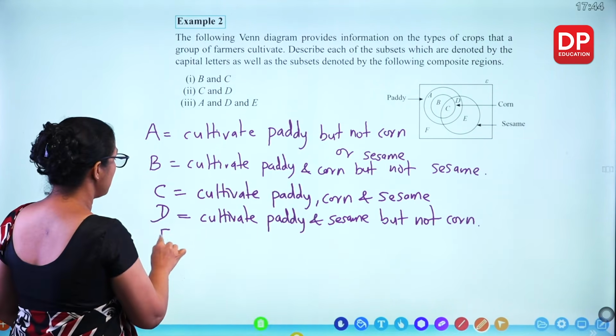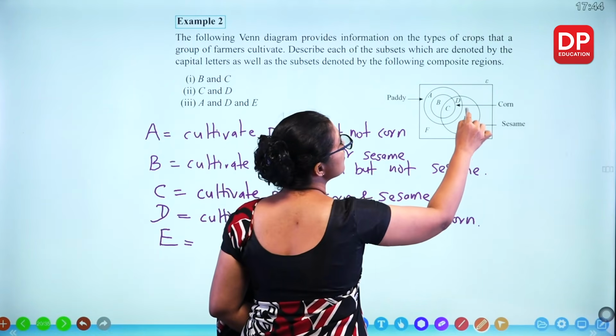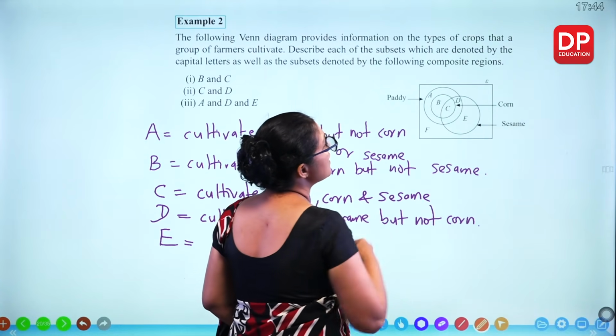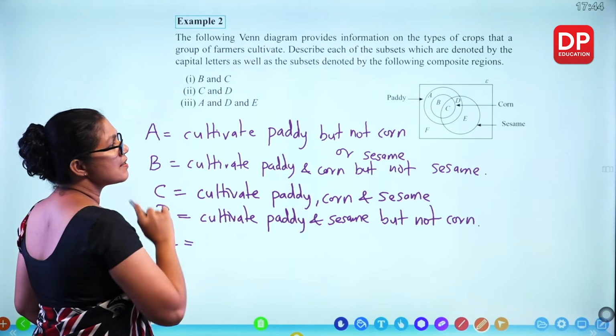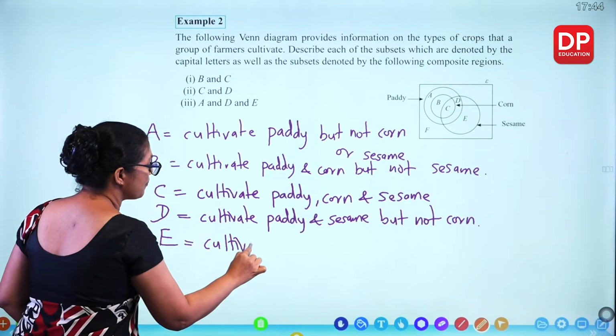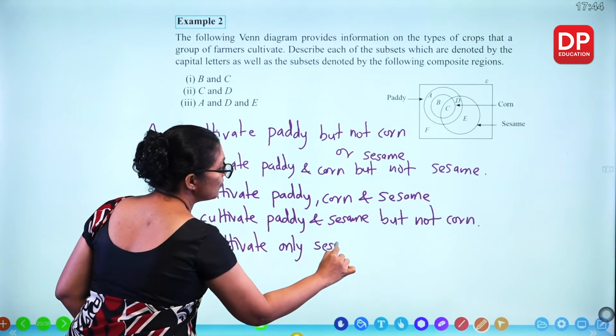Then E is this one. So that means outside paddy as well as outside corn, but only sesame. So cultivate only sesame.